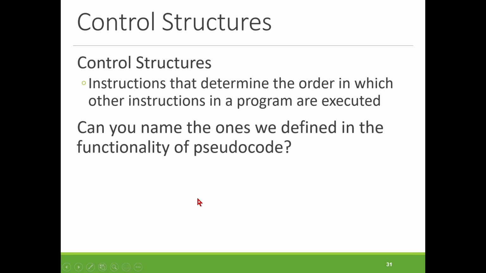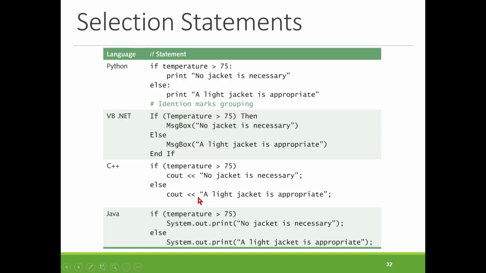Control structures. We've talked about these before. Control structures are instructions that determine the order in which other instructions in a program are executed. Can you think of ones that we've used in the past when we're using pseudocode? Well, the first one is selection statements, if-else statements.